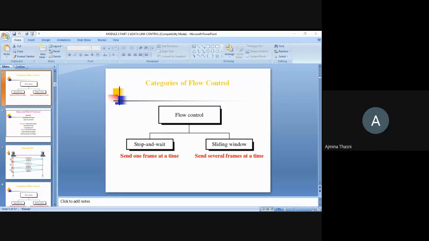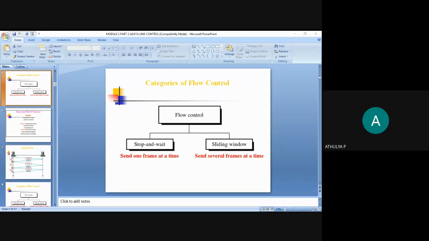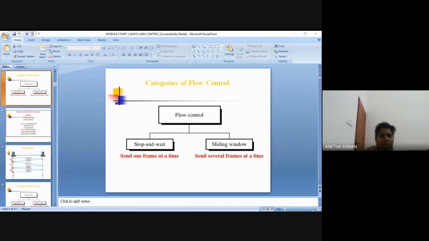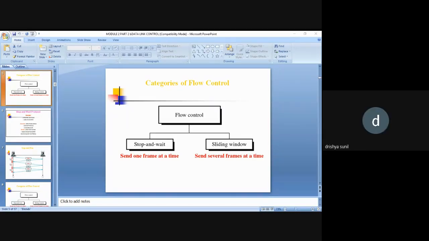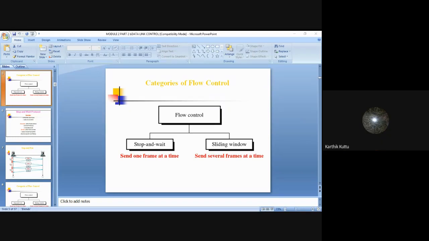Okay, Amaya, miss. Amaya, Atulya, present, miss. Rishya, present, miss. Jyotish, Karthik, Kavya, present, miss.